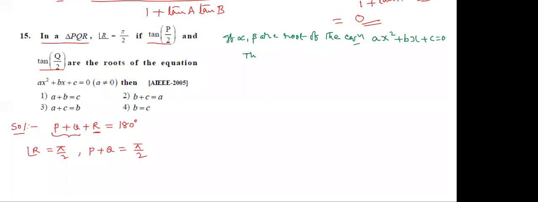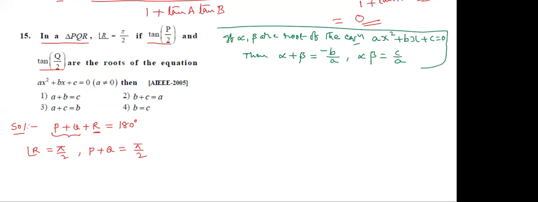Then sum of the roots alpha plus beta, what is the formula, students? Minus b by a. Product of the roots is c by a. This formula you already know very well from lower classes.